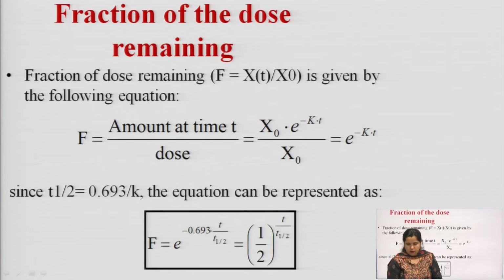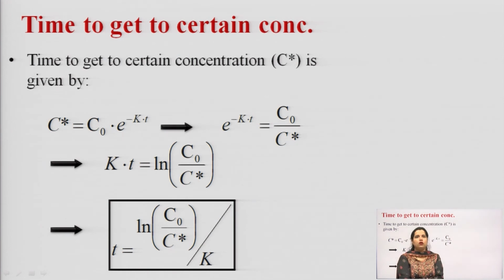So, these are different factors we can calculate: AUCs, fractions, amount of drug eliminated, time to get to certain concentration. All these equations will be obtained once we calculate the AUC part. We have different concentration and different time readings, so we can put all these readings in these particular equations to get different parameters.